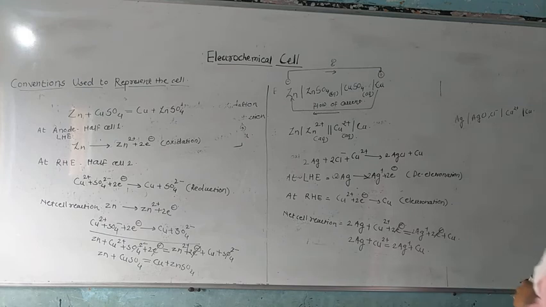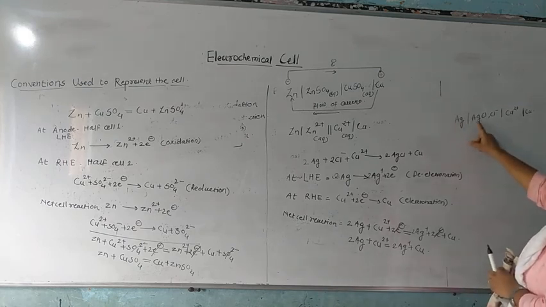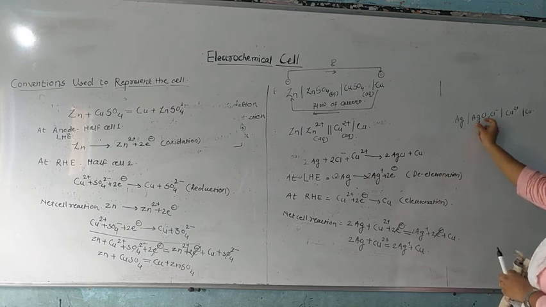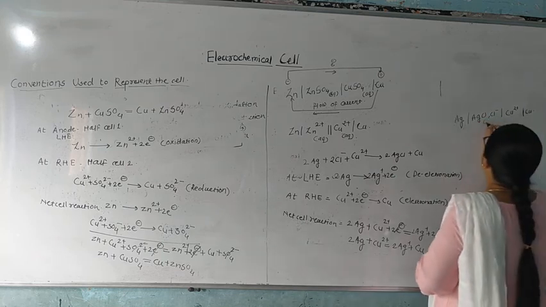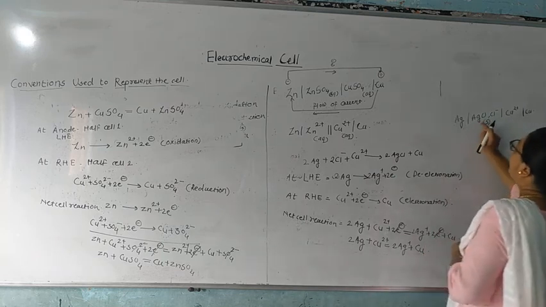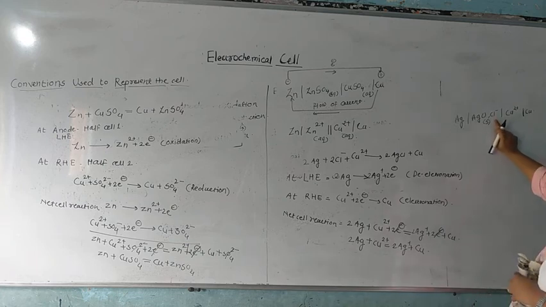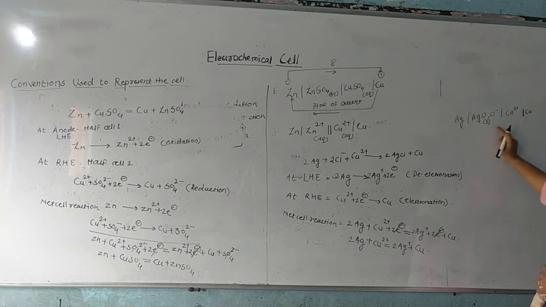this is how this cell is represented. What does this mean? This is in direct contact with a silver chloride precipitate and also the solution containing Cl minus ion, and in that same solution the copper electrode is dipped.